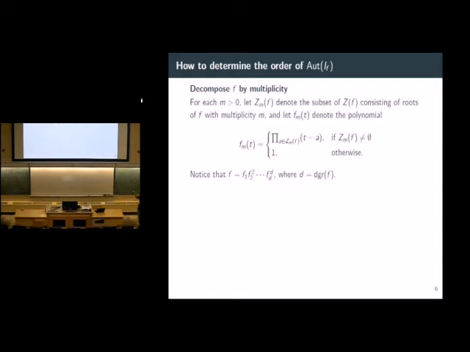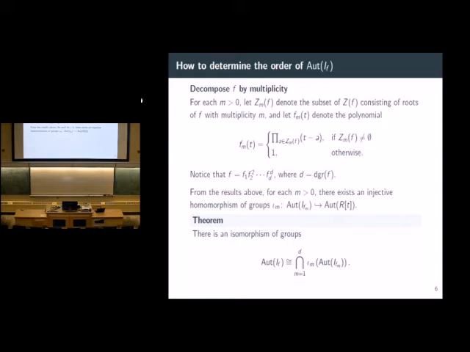Then by those results that I showed before, there is an injective homomorphism of the automorphisms of I sub f sub m inside the automorphisms of the polynomial ring in one variable, and then we show that there is actually a group isomorphism between the automorphisms of I sub f and the intersection of these automorphism groups.